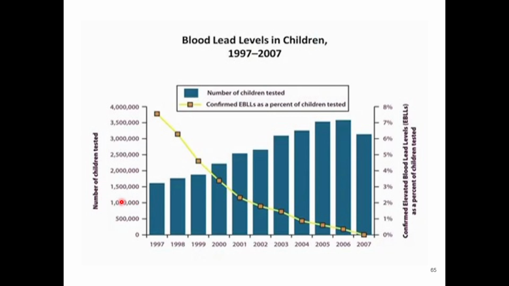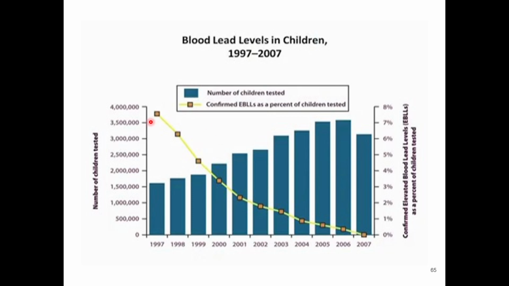And this is a histogram graph. The left vertical axis shows the number of children tested. It increased from 1997 to 2006, and decreased again in 2007. And on the other vertical axis, it shows confirmed EBLL, or elevated blood lead levels, as a percent of children tested.